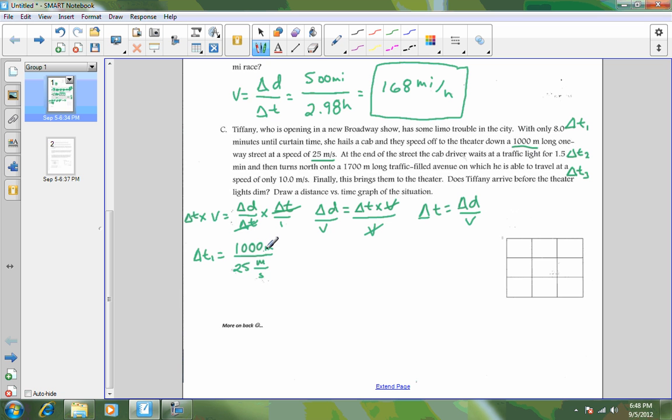Now I can cancel out these meters, and for the unit of seconds, I have a denominator within a denominator. Whenever you have a denominator within a denominator, that denominator becomes the numerator. 1,000 divided by 25 is going to give us 40. And the unit on that is going to be seconds.